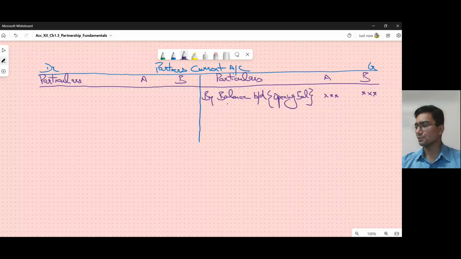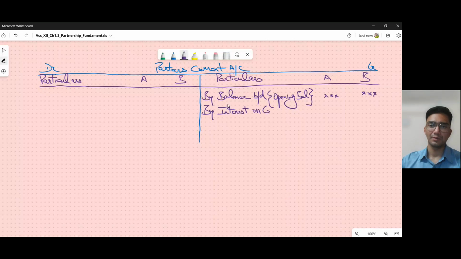The second item that we have to write in this case will be by interest on capital. So let's write that amount.